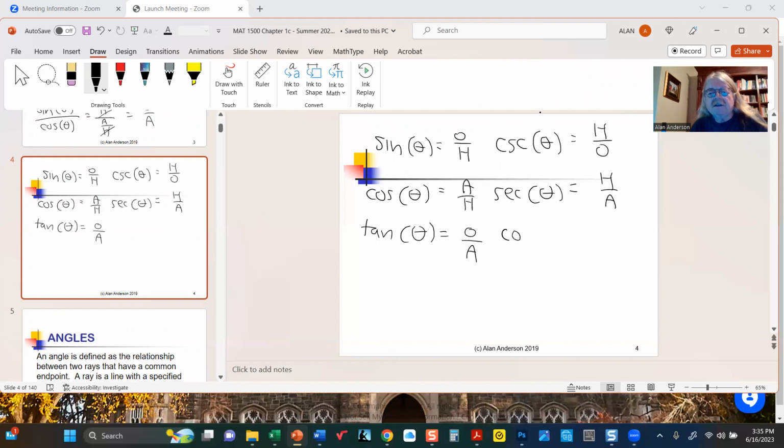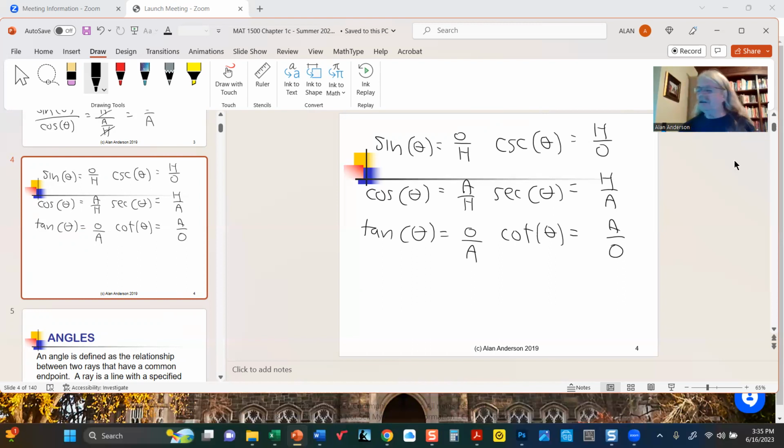And finally, the cotangent, as you could probably guess, is the inverse of the tangent. So since the tangent is a function of the sine and the cosine, and all three of these on the right are functions of the ones on the left, this is what I mean when I say that you really only have to memorize the first two. The rest of these are simply functions of these two trig functions. But altogether, there are six.